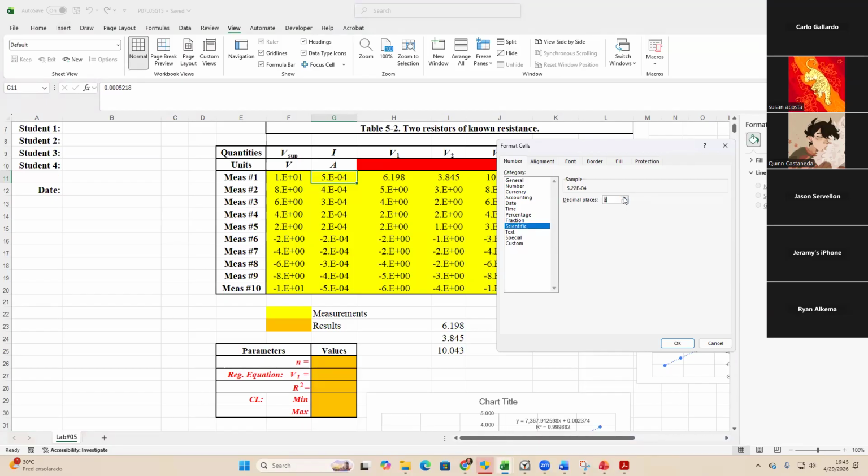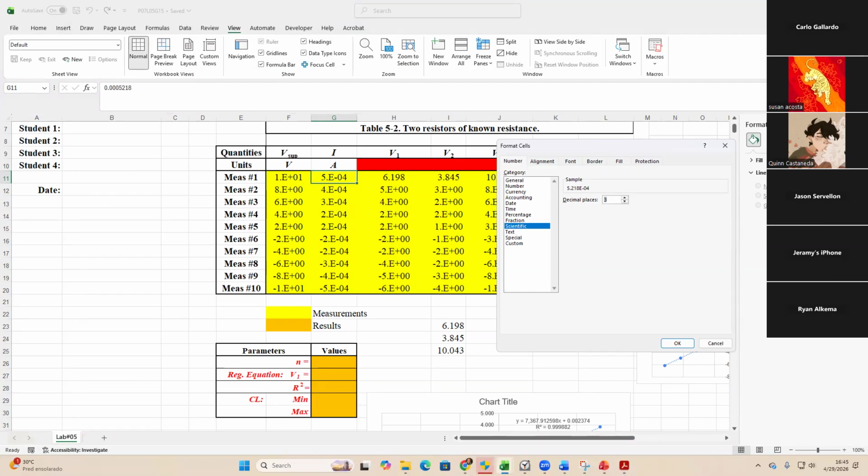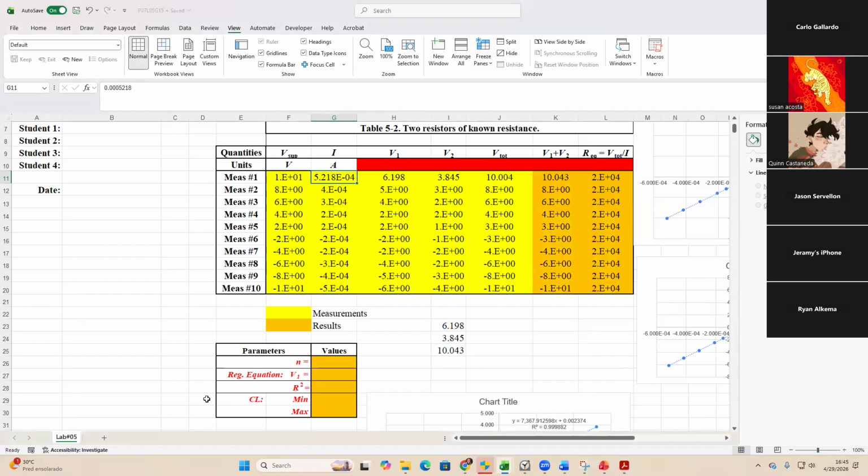Here you go, 2, 3. 4 significant digits, 3 decimal places in scientific format. Because this number is very small, it's recommended that you display it in scientific format.